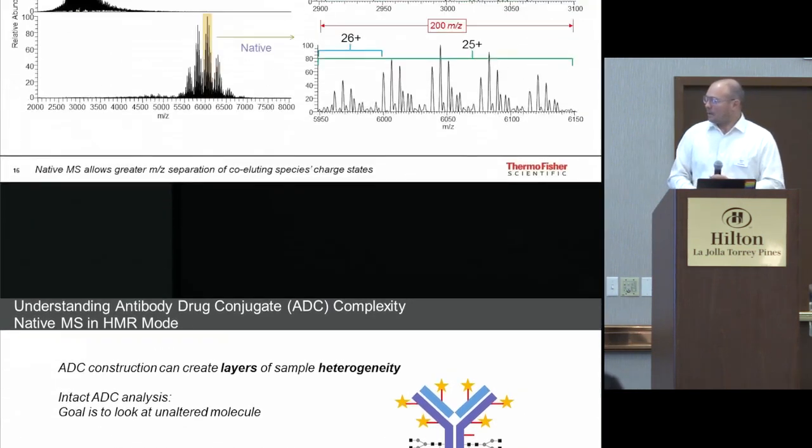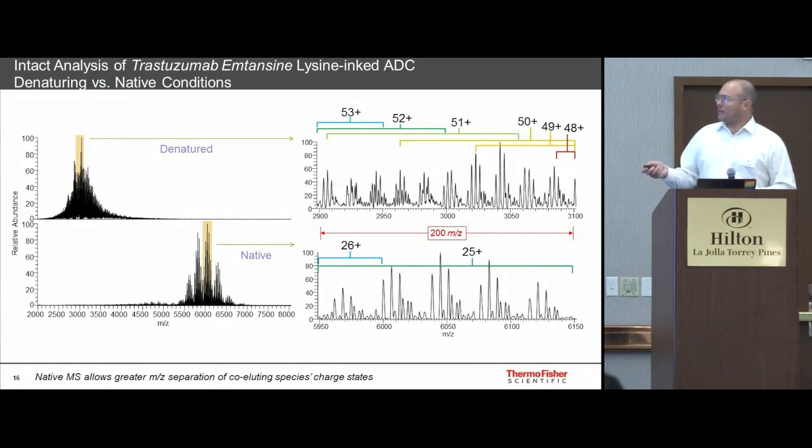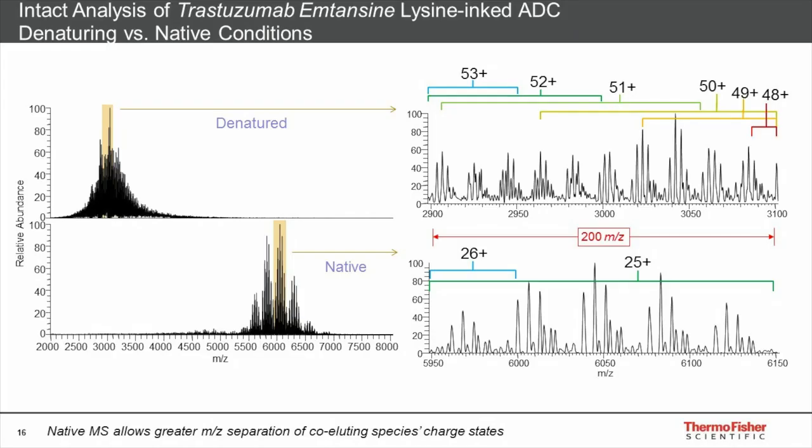To demonstrate my point between denaturing and native conditions: when we run this in denaturing conditions, we get a familiar mass range, but it's just a pile of peaks on top of peaks. In this 2,000 to approximately 4,000 range, we're getting so much information.